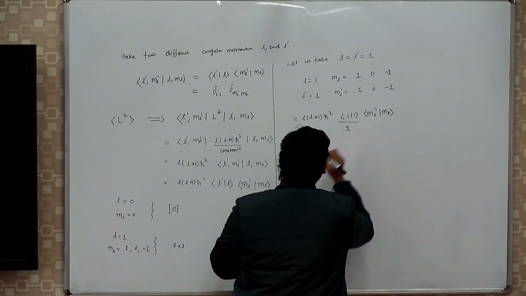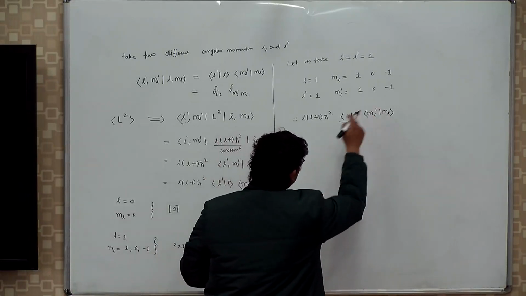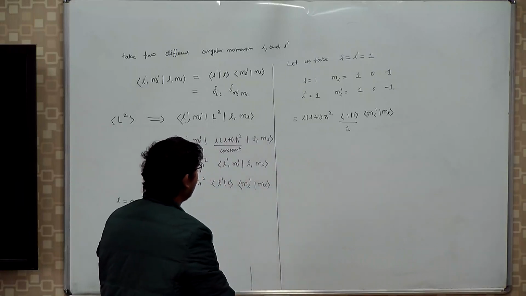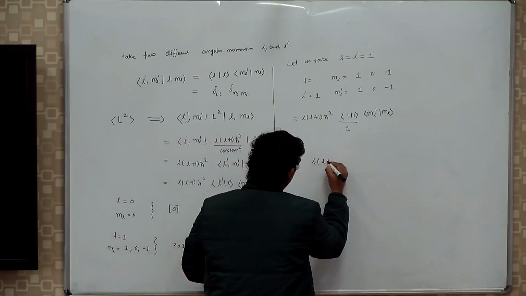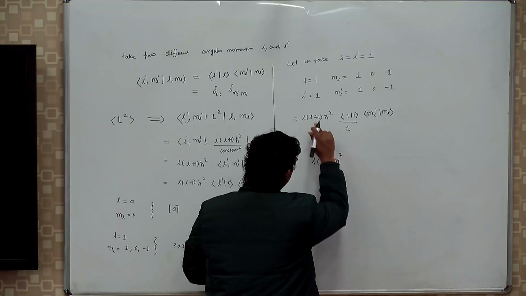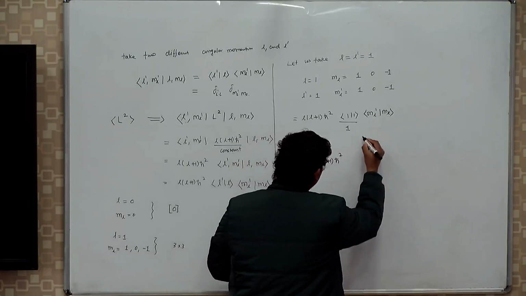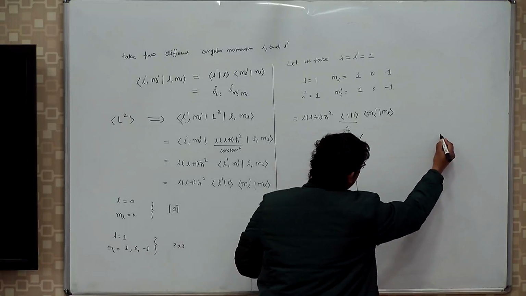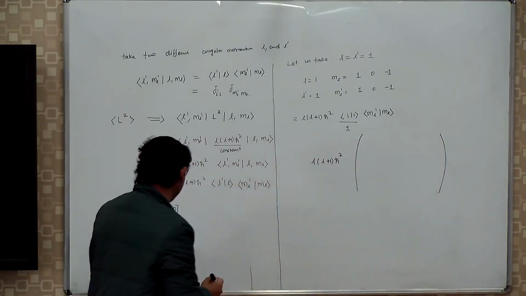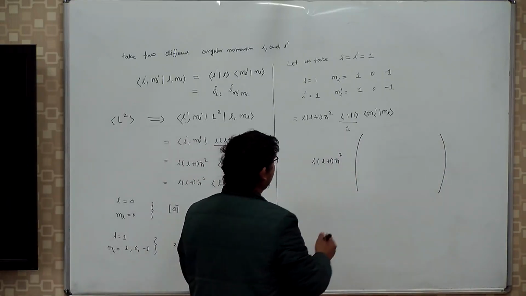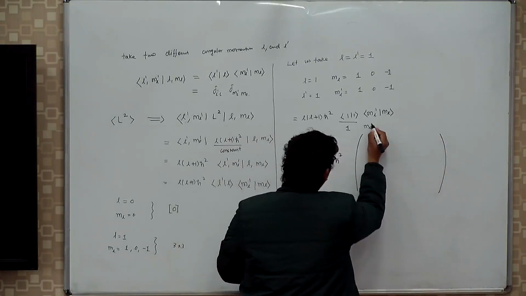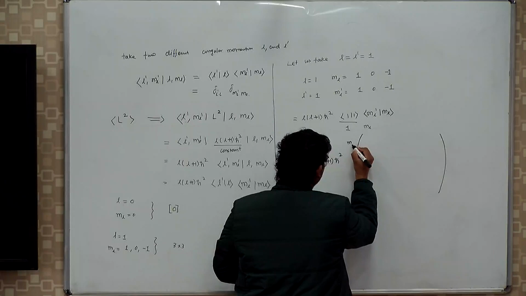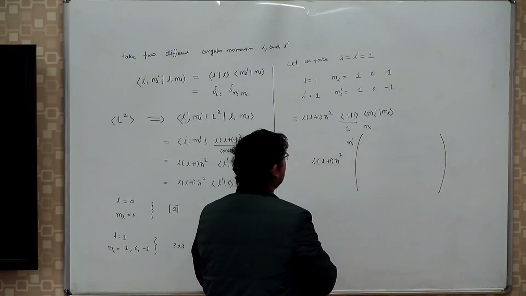This will be 1. Now for constructing the matrix, L into L plus 1 ħ squared, keep it outside, and here it will be a 3 by 3 matrix, so a total of 9 entries will be there. Take M L in rows and M L dash in columns.